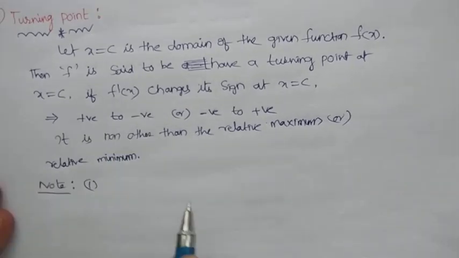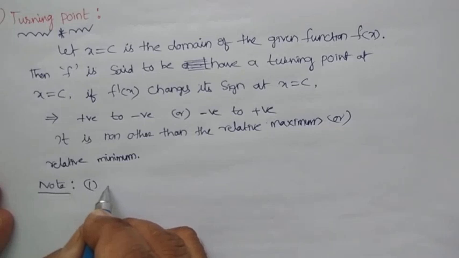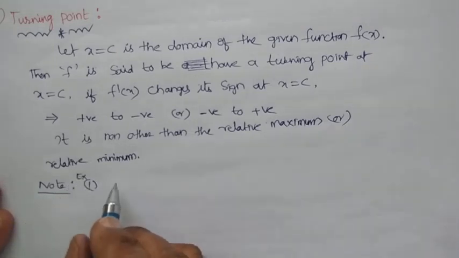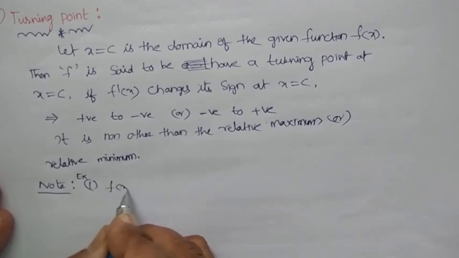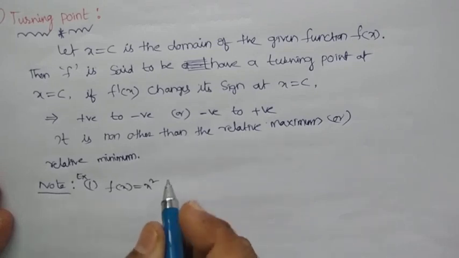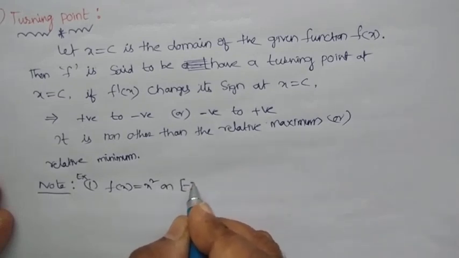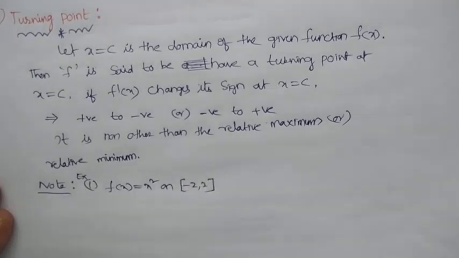Let us check an example. On that we can make a note. The function is f of x equals x square on the closed interval -2 to 2. So in this regard the function is defined from -2 to 2.